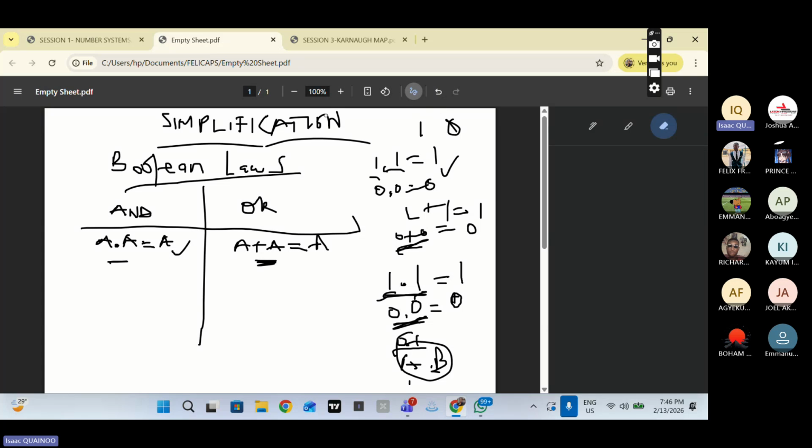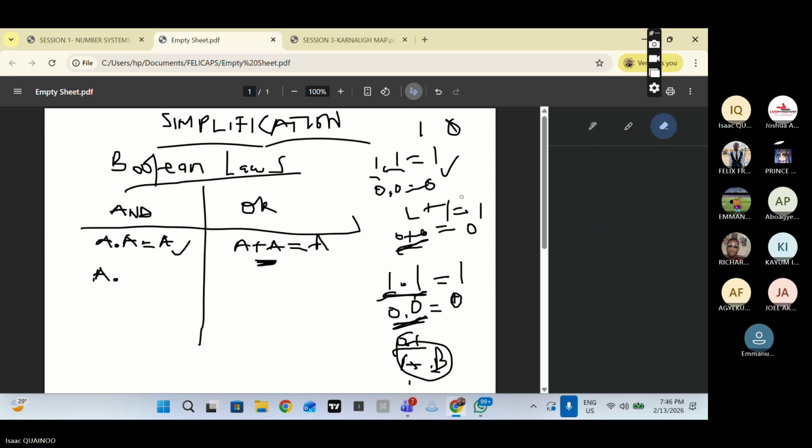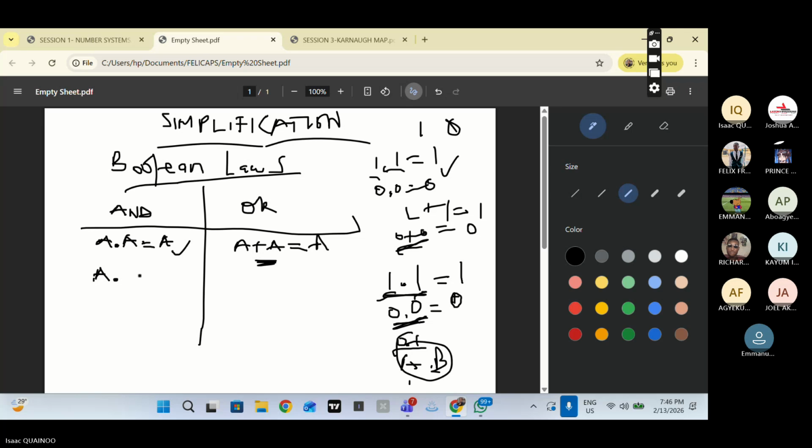You're welcome, sir. So we are also saying for AND that if we have A multiplied by, in quotes again, A bar, or A and A complement, then the second law for AND is saying that our result is going to be 0.